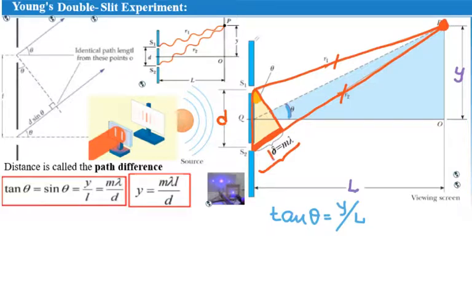So when you have m times lambda, m is the number of wavelengths, but lambda is very small, in nanometers, then the angle that is created right here is also very small. So if I write sine of theta, that will be m lambda divided by the distance d.